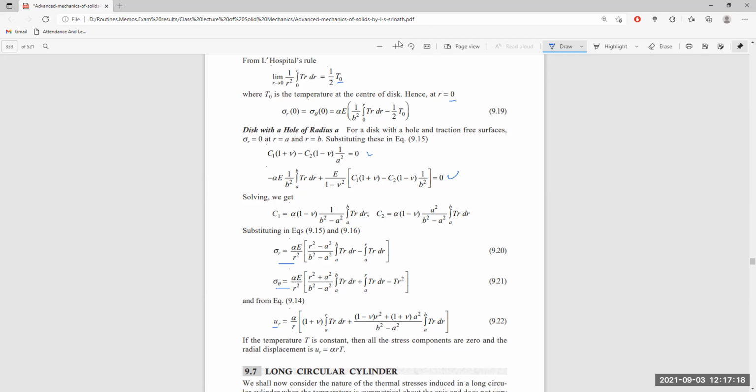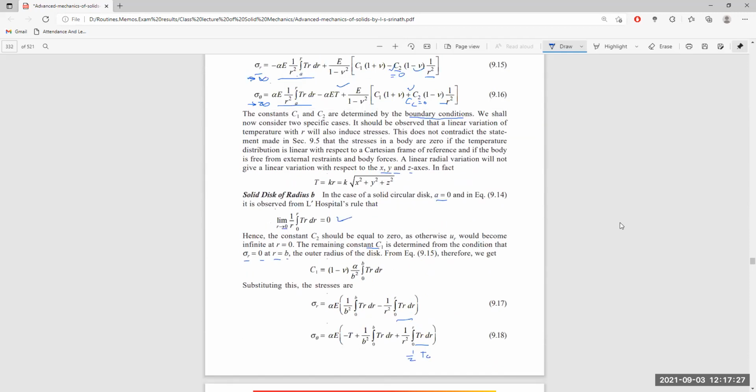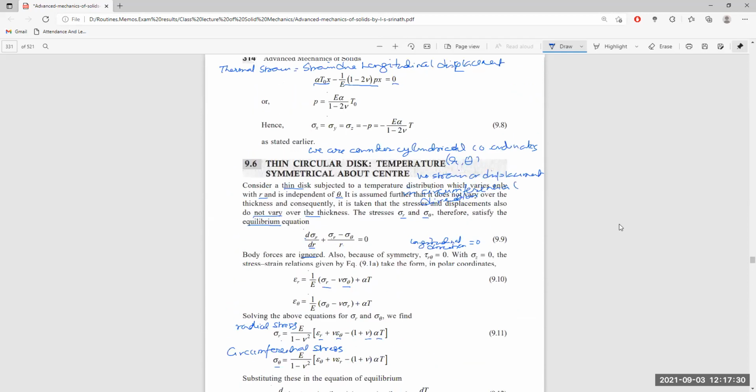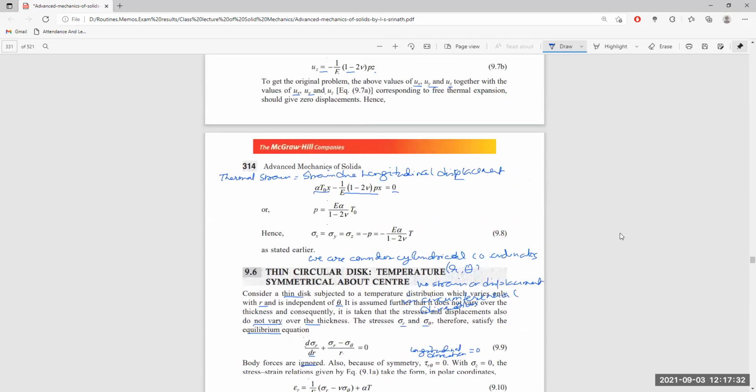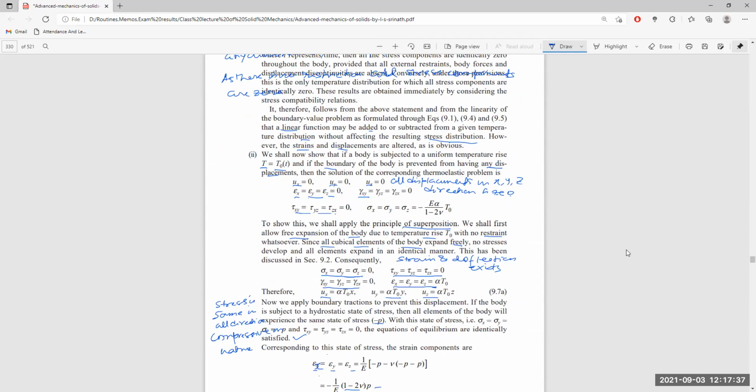So, what we have worked out here, first of all: what is the thin circular disk? And initially we have made an important assumption, that there may not be any change in the stresses and displacement in x, y, and z direction, and no stress is induced there, but in the radial and circumferential direction there exists stress and strain.